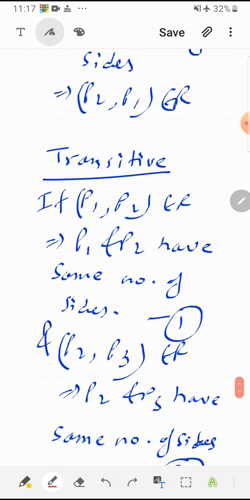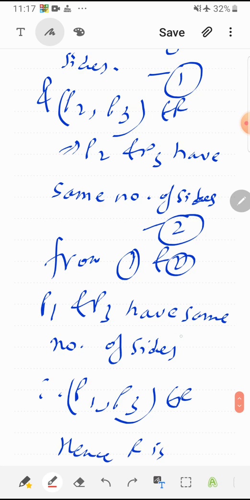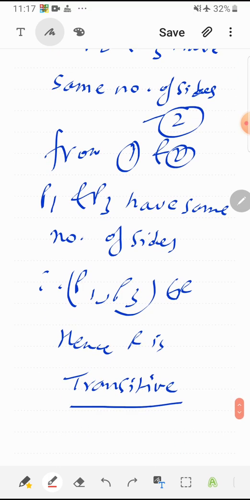Then (P2, P3) belongs to R, P2 and P3 have the same number of sides. And from 1 and 2 we can say P1 and P3 also have the same number of sides. Therefore (P1, P3) also belongs to R, hence R is transitive.